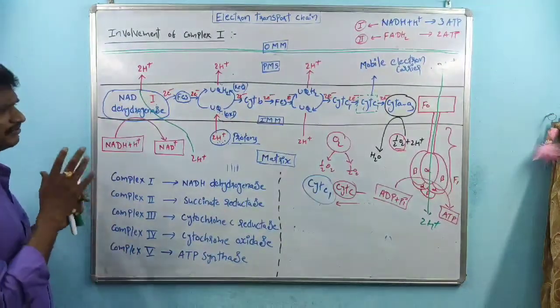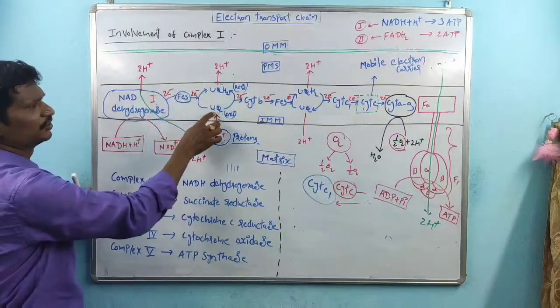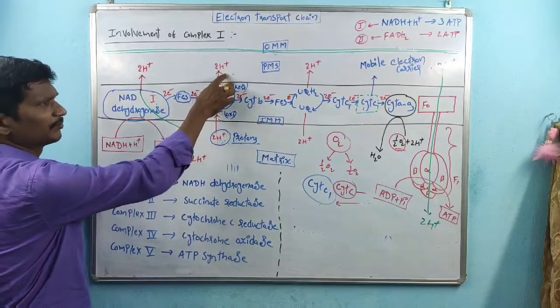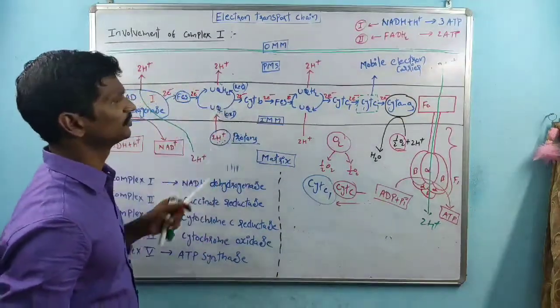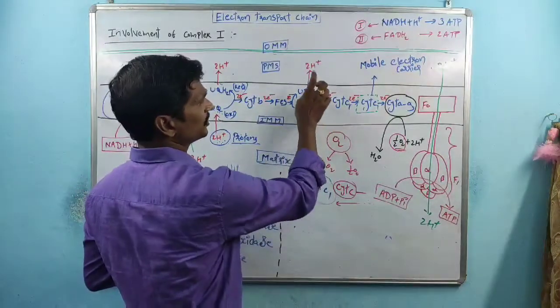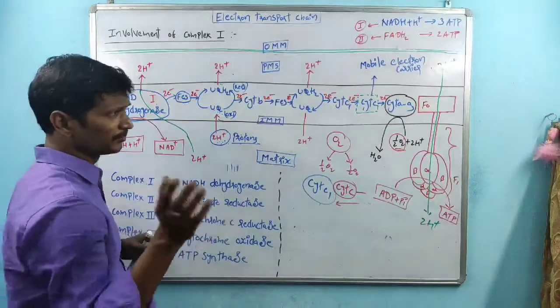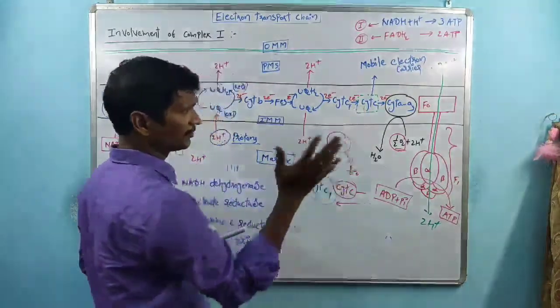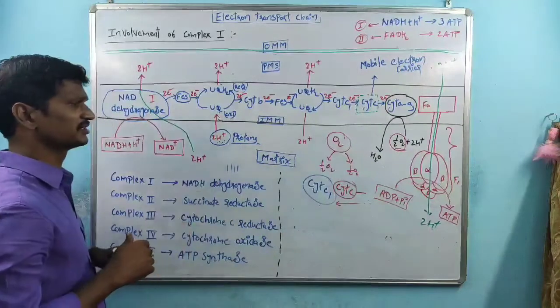The very important points: complex 1 is involved in the pumping of H plus ions, ubiquinone is involved in the pumping of H plus ions, and complex 3 is also involved in the pumping of H plus ions. Remember, complex 4 is not involved in the pumping of H plus ions.